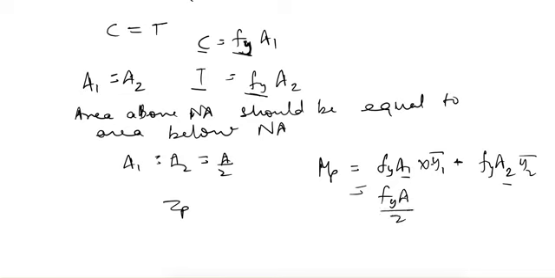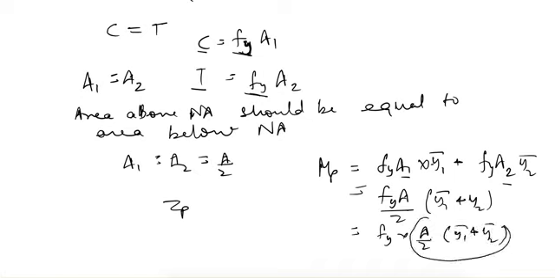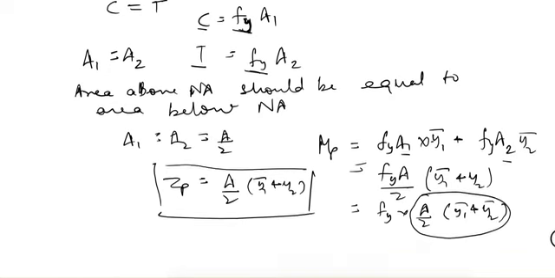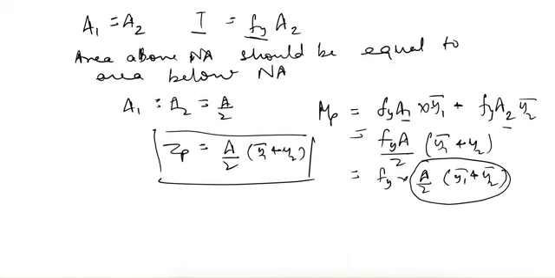So Fy into A by 2 into Y1 plus Y2. From here we can write Zp. So this part represents our plastic section modulus, Y1 plus Y2 into A by 2. So this is the general formula for plastic section modulus, and after this we will see the shape factor for various other sections.